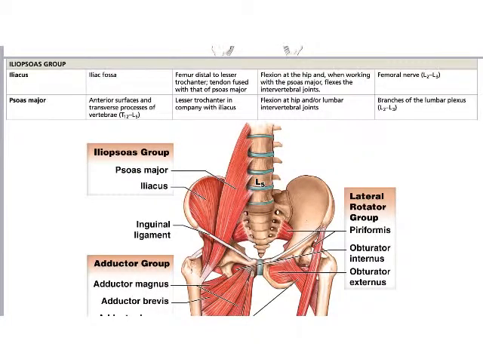Okay, if we just continue on the anterior view but look a little bit higher, a little bit more superior, we'll see a couple of other muscles. If we look over here to the right, we'll see what's called the iliopsoas group, and that word has the two muscles that are there.